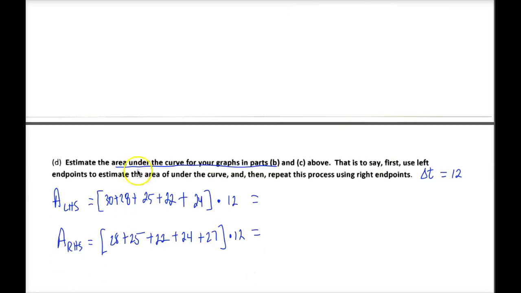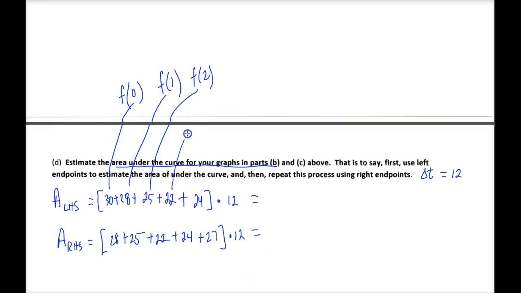All right, so taking what we had in our table, we know that the 30 that we have here, and I'm just going to use left hand sum estimate, this is going to be like the f of 0. This next one here is like f of 1. Next one here is like f of 2. This one is like f of 3. This one is f of 4.